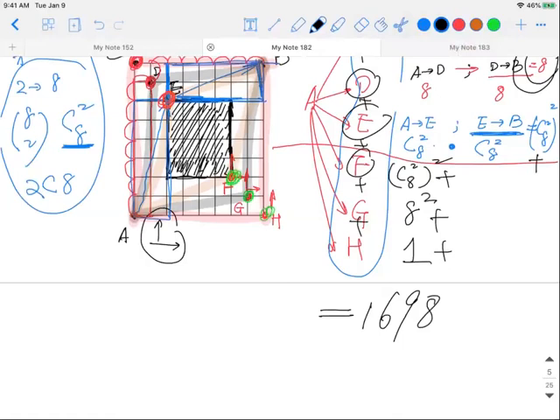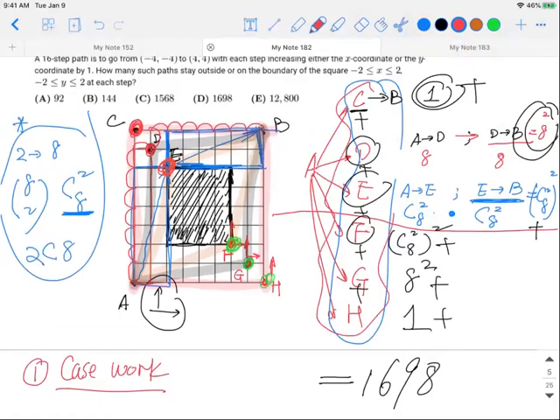For this problem, I want to remind you of two things. Every problem, we only have a limited number of problems, but I want to give you as much as possible. The first one is how to use casework for any kind of shaded area or path problem, whatever you call it. Always try to break them into different cases.